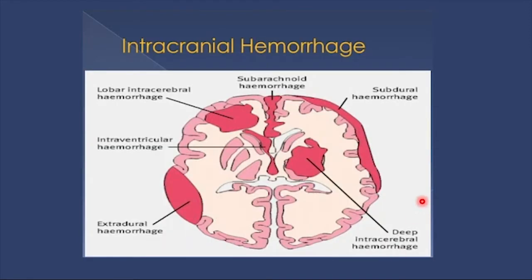We'll answer it shortly. I'm handling the intracranial hemorrhage in this man, and you can see intracranial hemorrhage is a constellation of very many different findings, from subdural to extradural hematomas, to lobar hemorrhages, as you can see here in the frontal lobe, to subarachnoid hemorrhage, to deep intracerebral hemorrhage.